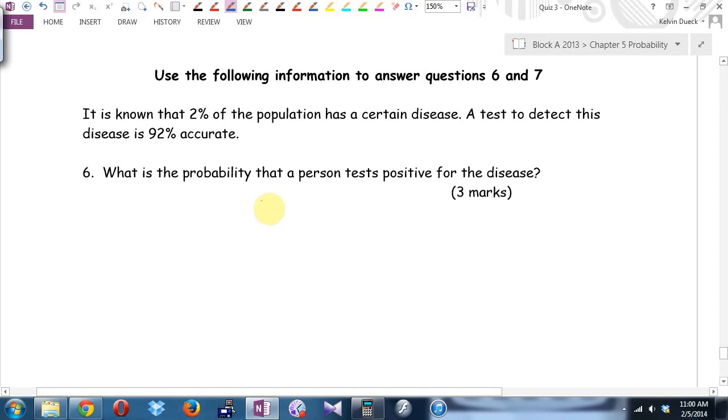So here's what we have. You have the disease or you don't, because you have the disease when you walk into the office. Once you walk into the office, you either test positive or not. What's the probability that you have the disease?